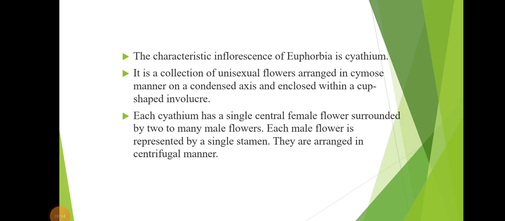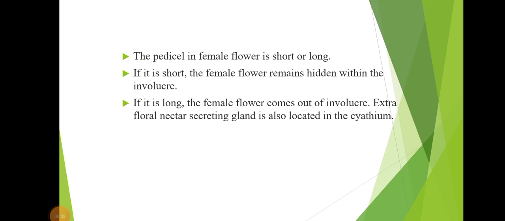Each cyathium has a single central female flower surrounded by two to many male flowers. Each male flower is represented by a single stamen. They are arranged in centrifugal manner. The pedicel in female flower is short or long.